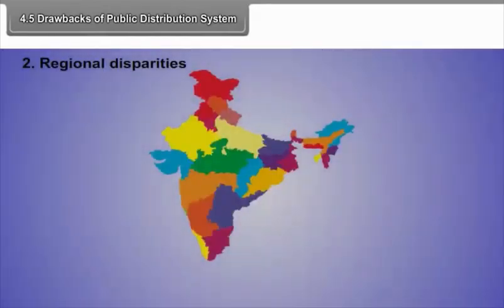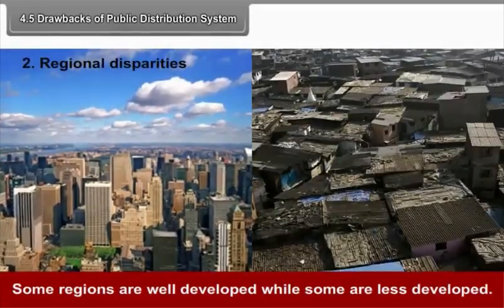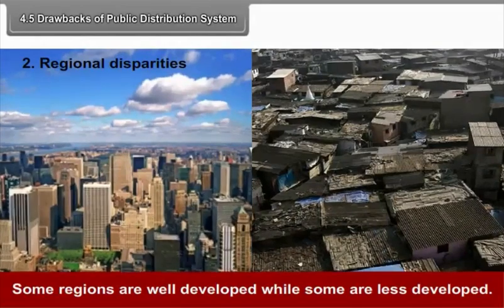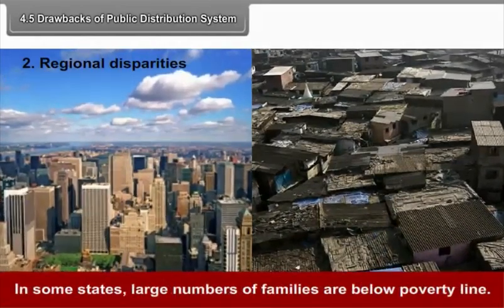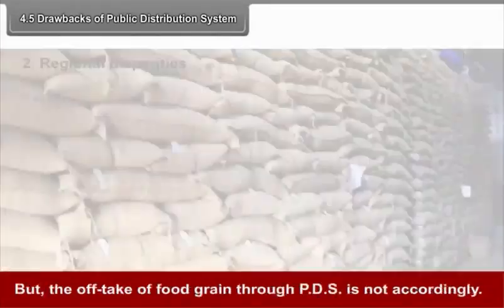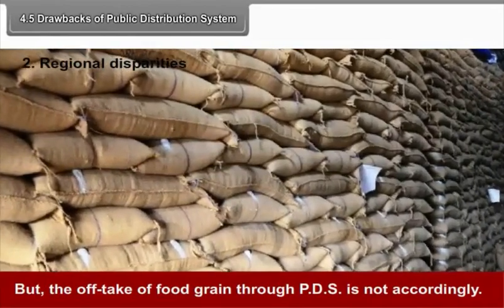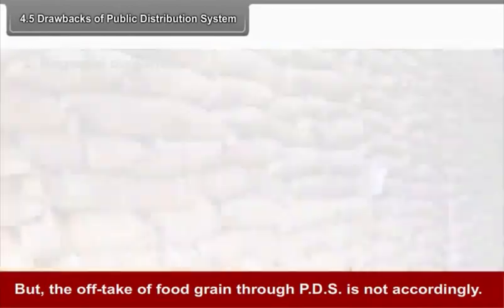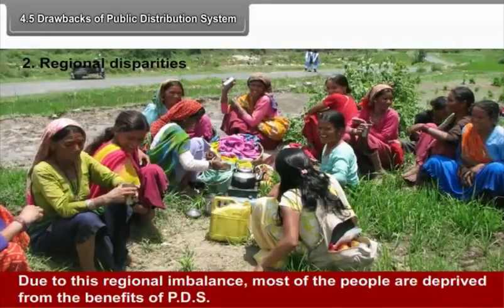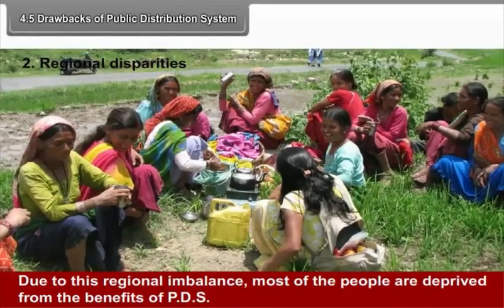Regional disparities. Some regions are well developed while some are less developed. In some states, a large number of families are below poverty line, but the offtake of food grain through PDS is not accordingly. Due to this regional imbalance, most of the people are deprived from the benefits of PDS.